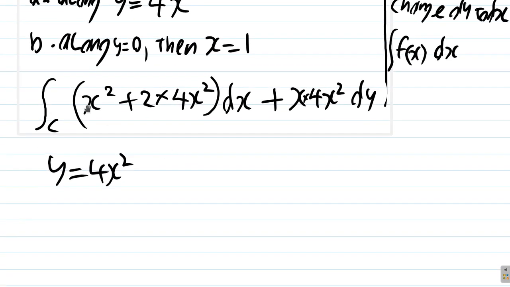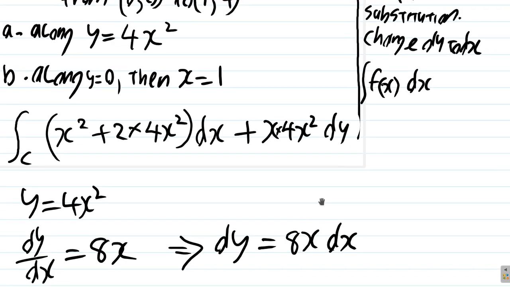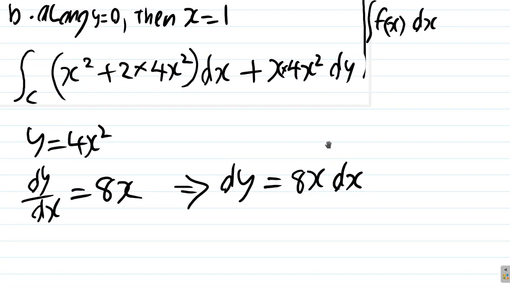We have the function y is equal to 4x squared. Now, dy by dx is equal to 2 fours, 8x. Now, this implies that dy is equal to 8x dx. Good. So we know what dy is now. This dy business is 8x dx.